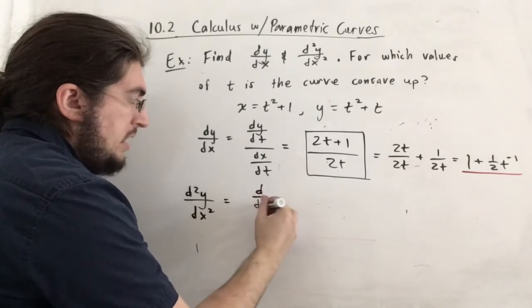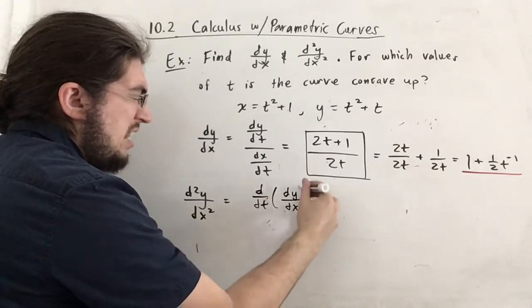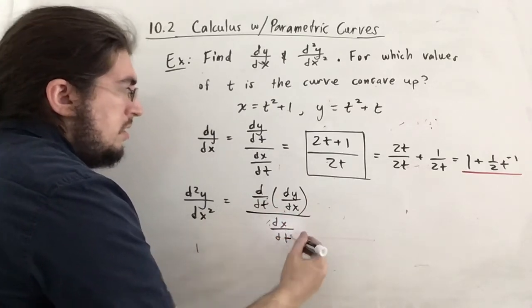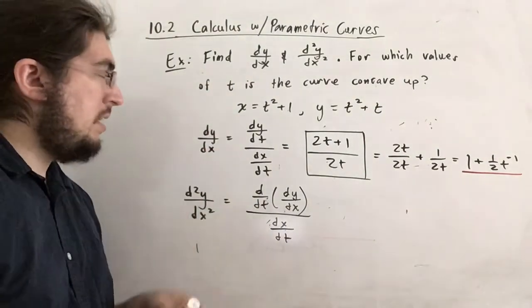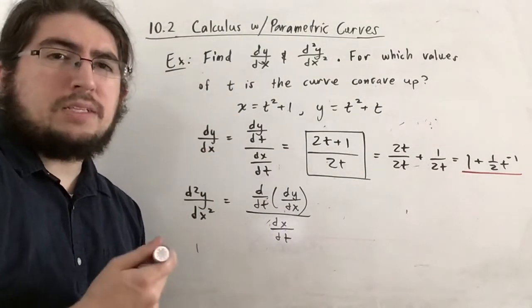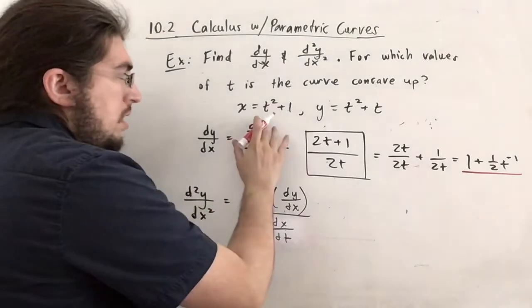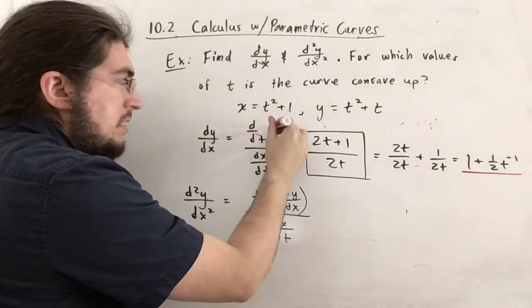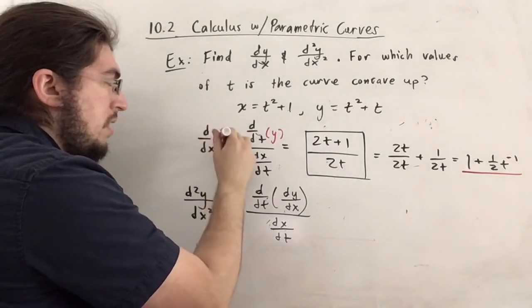That's d over dt of the derivative we just found, and then divide that by dx over dt. So it's almost like doing this to y. It's kind of hard to see this, but let me rewrite that so you can have a better understanding of why this formulation is even true. So this dy over dt, let's imagine instead it's like this, d over dt of y.